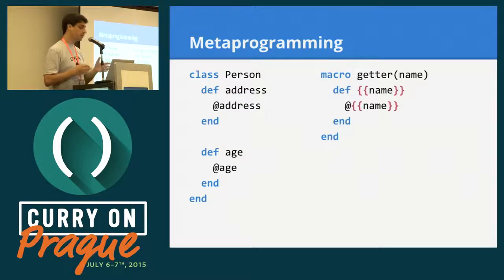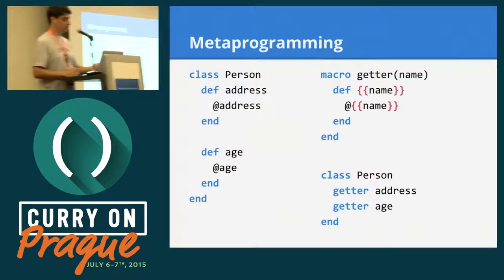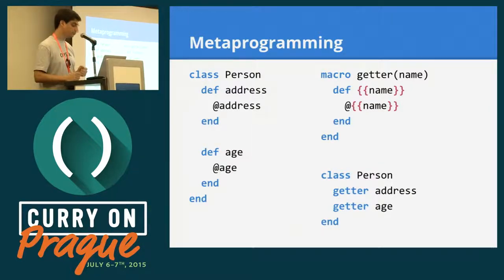So we can declare the getter macro, for example, and this is the simplest example of a macro that I can show. It receives the name of the accessor that we want to generate, and you use those double bracket placeholders to replace with the nodes that we receive as arguments. So now we can rewrite our person class using this macro like this.